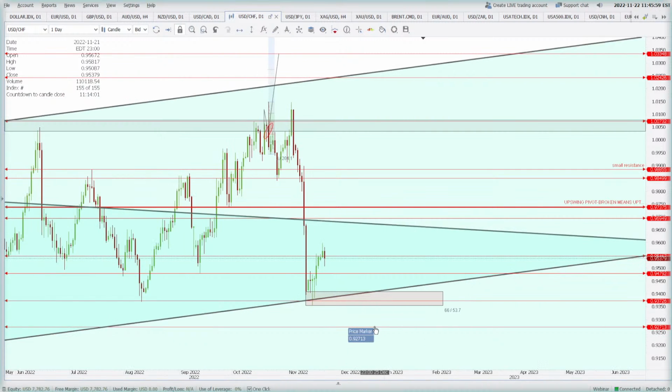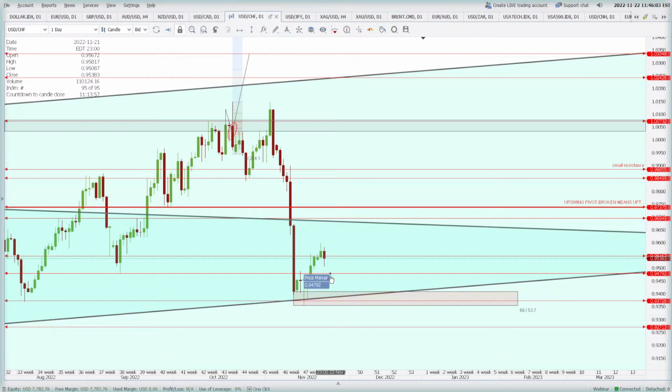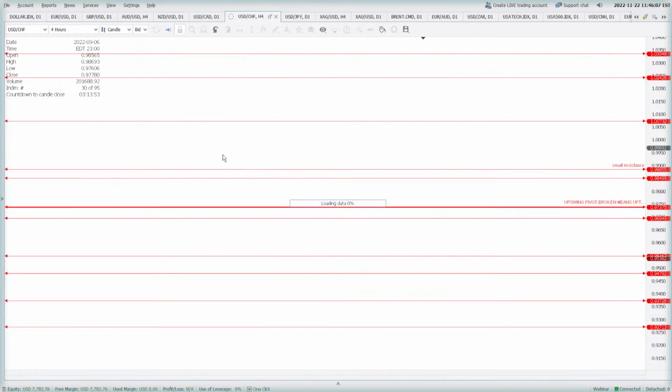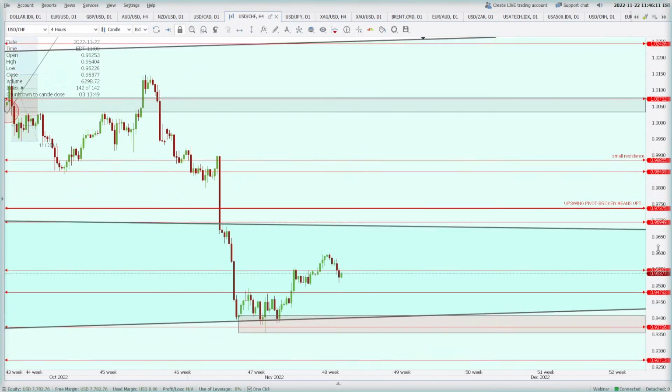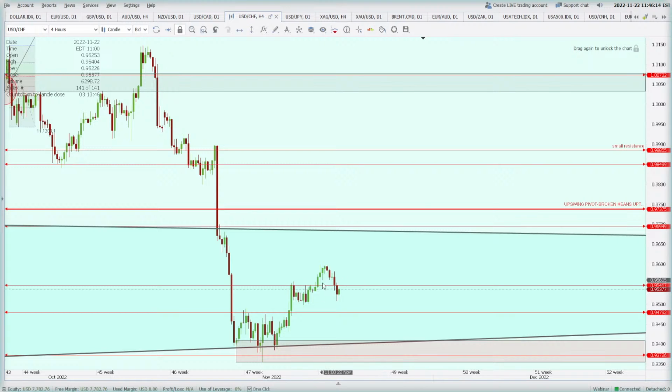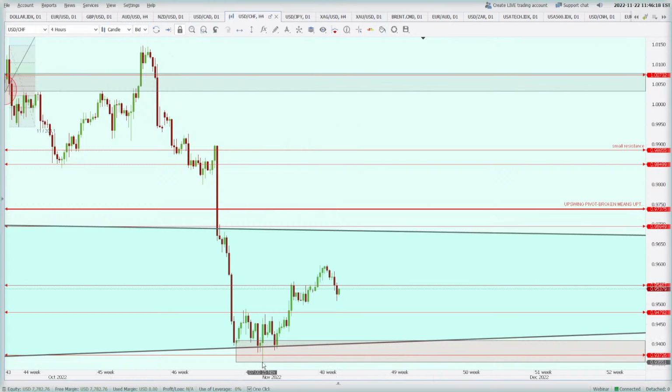If you get another opportunity, which I think you are going to get, you should see this as an opportunity to go long in this one. What you can do is on the 4 hour, draw your Fibonacci when the price comes back to your zone.